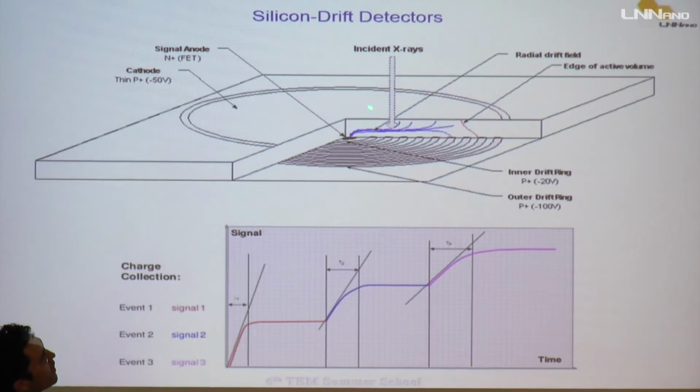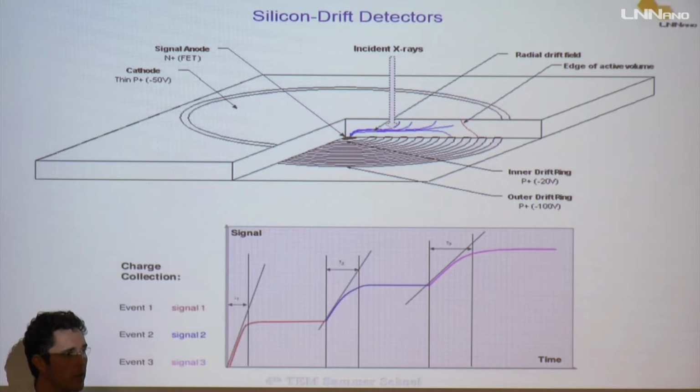And in the very center of your detector, you have an anode linked with a system that will measure the current being generated, okay?